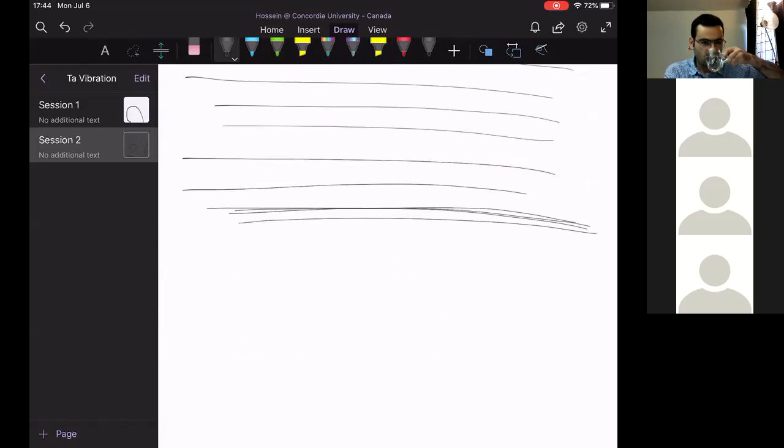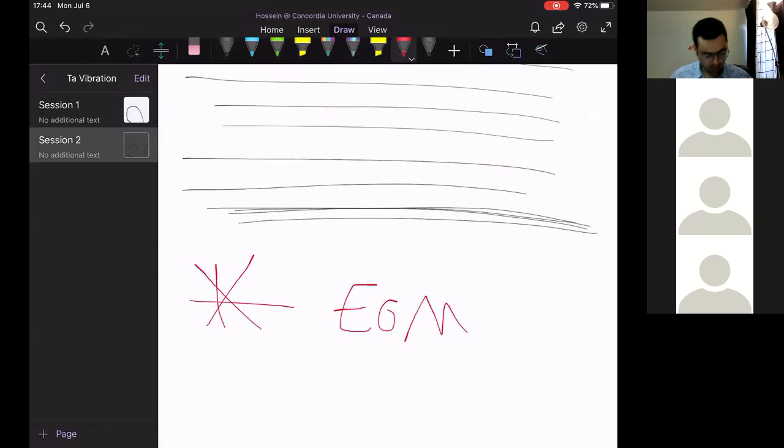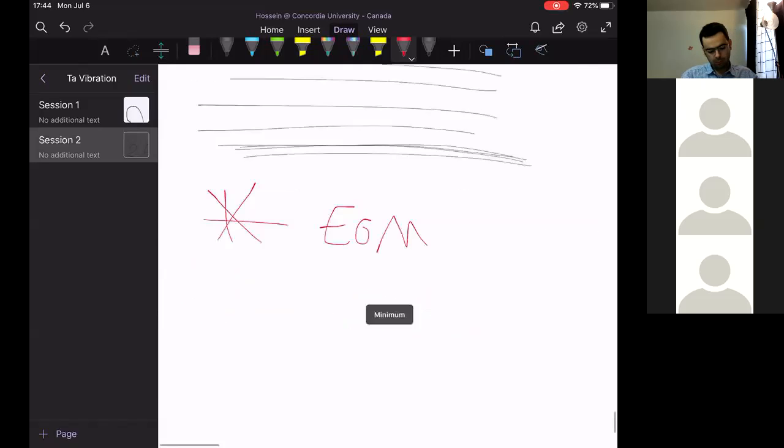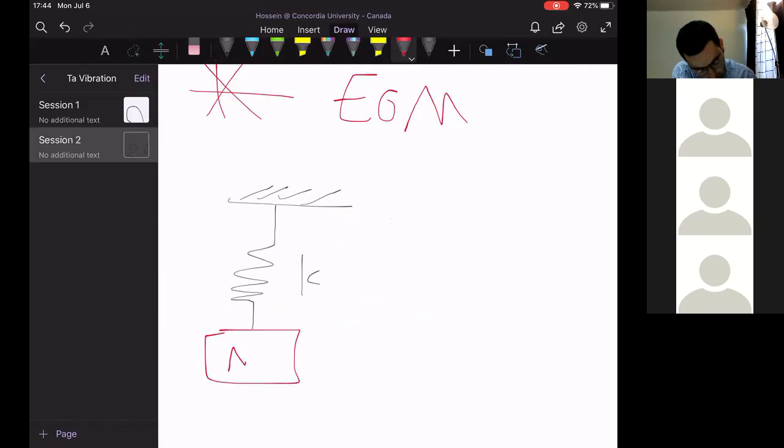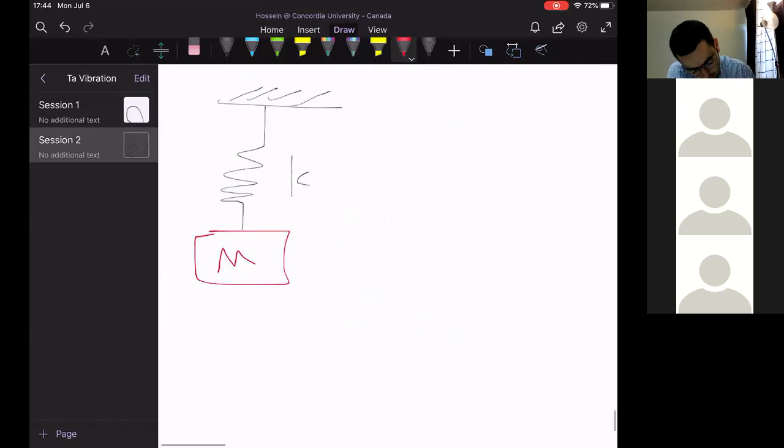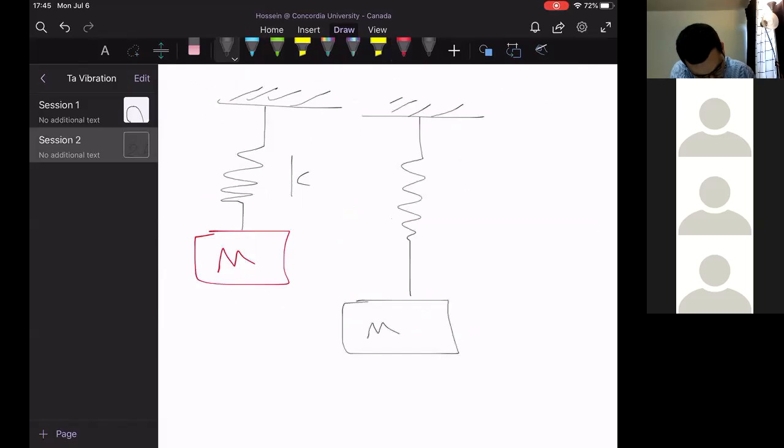So one point I'd like to mention is that for deriving the equation of motion, if I have a stiffness K, as soon as I attach any mass M, due to the weight of the mass, the mass will be displaced and will be stationary at this point.